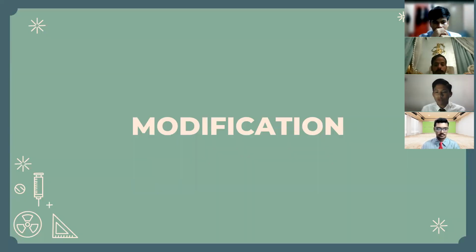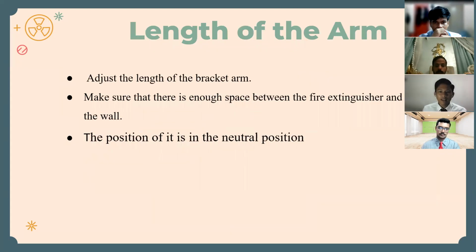So the first modification that we want to suggest to you is to adjust the length of the arm, because when the arm of the bracket is longer and the load is applied, the arm will start to bend in the middle part because of its own flexibility. So to reduce the risk of bending in the arm, we need to adjust the length to a smaller value so that the arm will be harder. With a shorter distance to the middle part of the arm, the flexibility of the arm will be reduced.